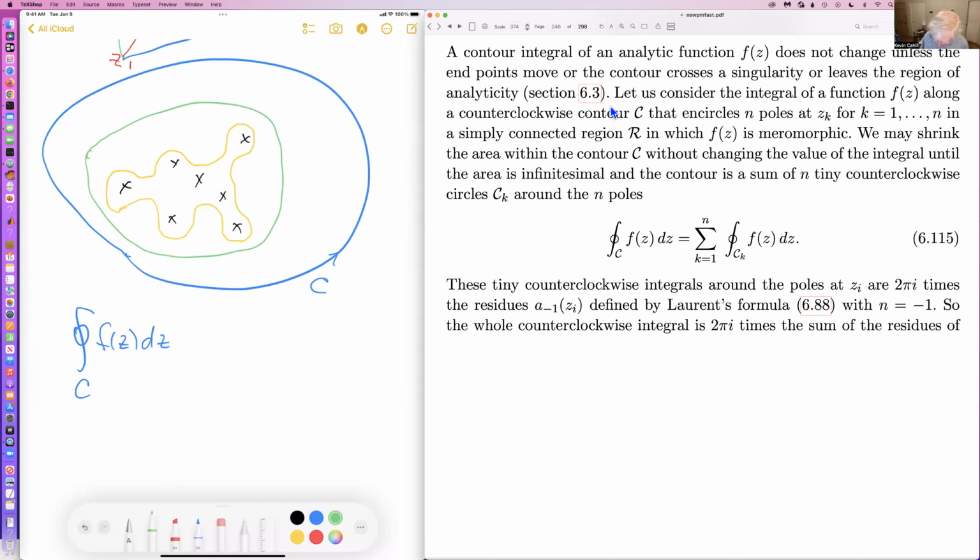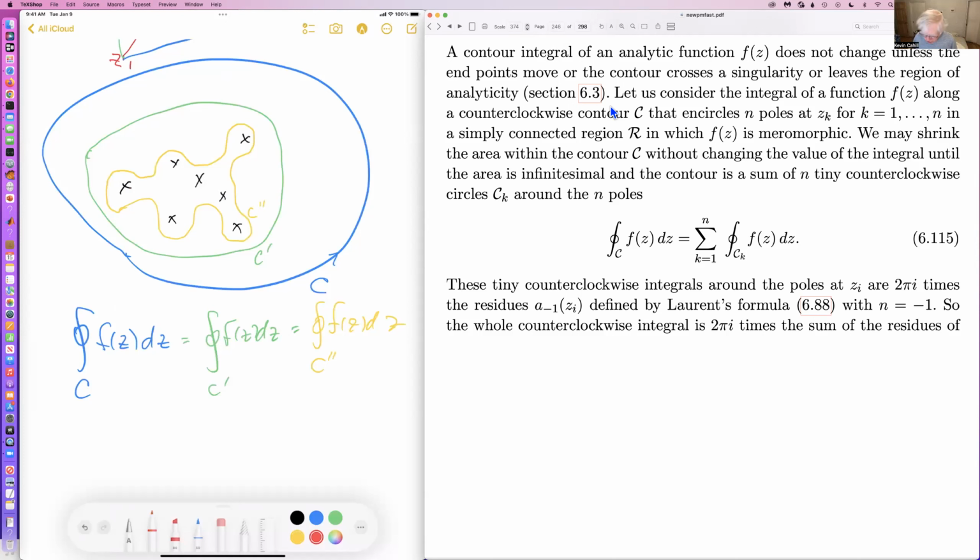All these integrals are the same. So this is the same thing as the integral along this, let me call this C prime, of f of z dz. And this is the same thing as the integral along C double prime of f of z dz. So this is C double prime.